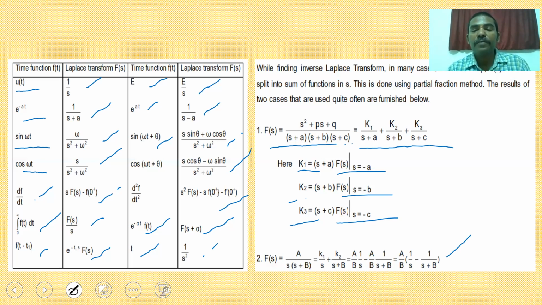If you substitute for k1, s into F(s) with s equal to 0, and k2, (s + b) into F(s) with s equal to −b, you can get a by b into 1 by s, and a by b into 1 by (s + b). So finally you can get a by b into (1 by s minus 1 by (s + b)). Here also if you multiply, you get the original equation only.